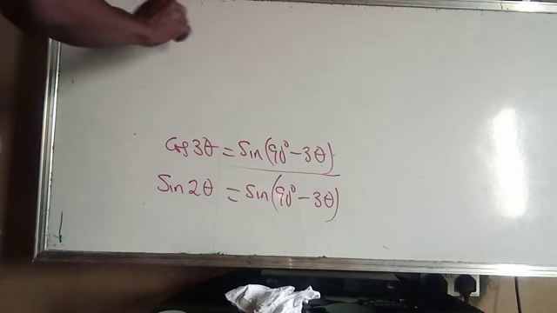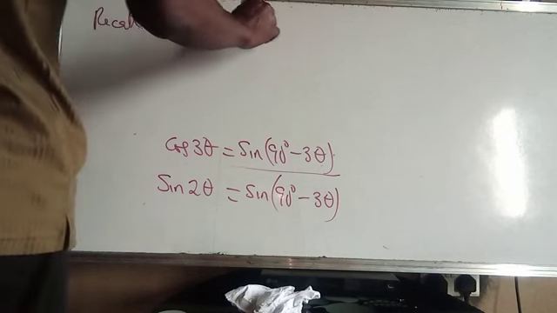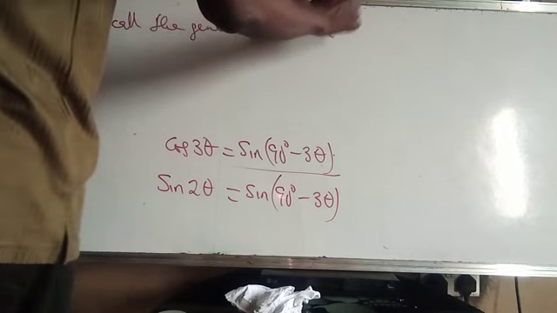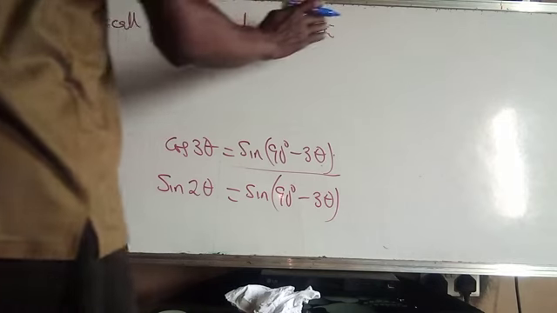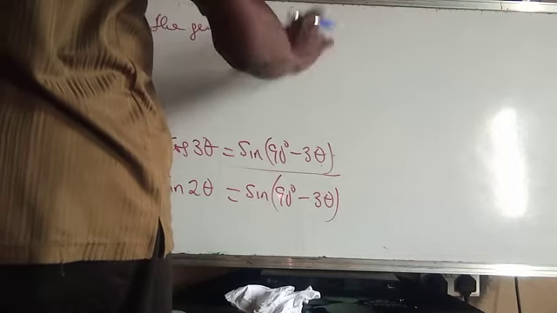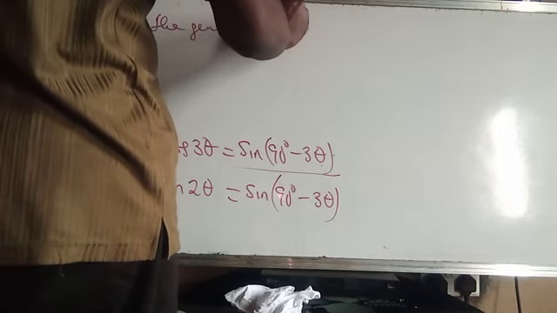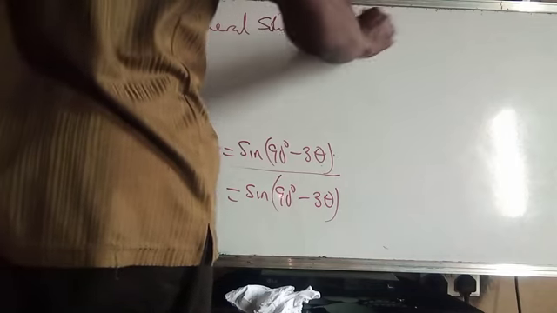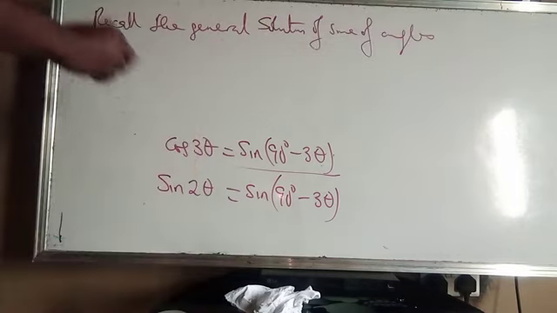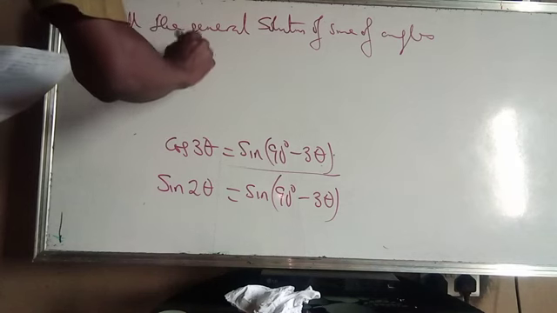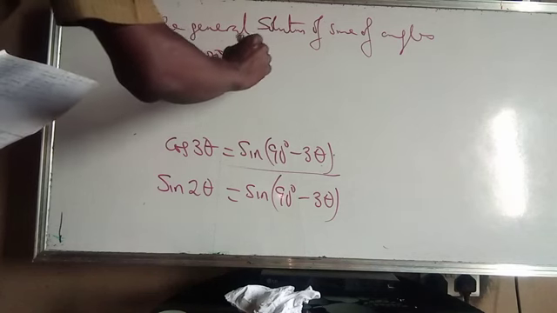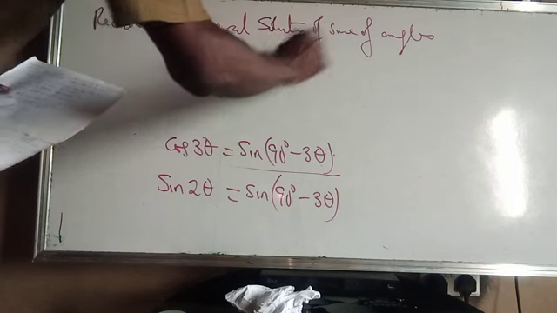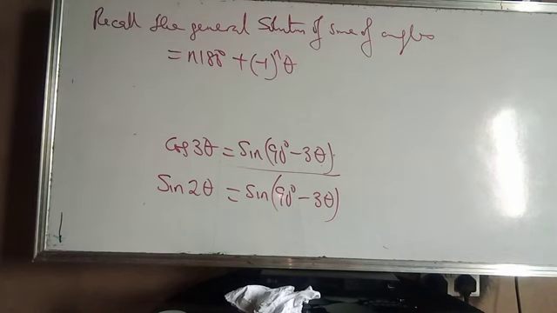The general solution of sine of angles is n 180 degrees plus minus 1 raised to n theta. Yes, that's the general sine solution.